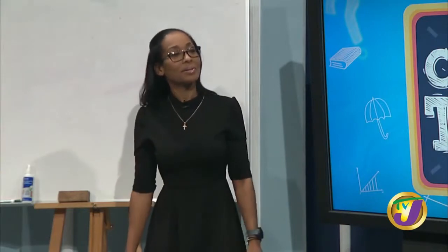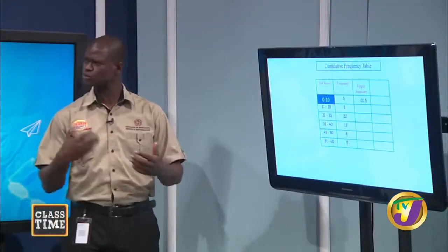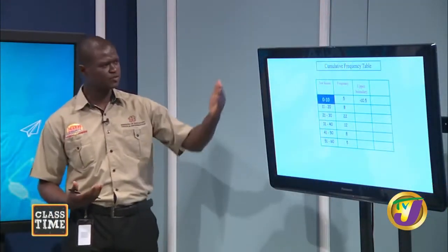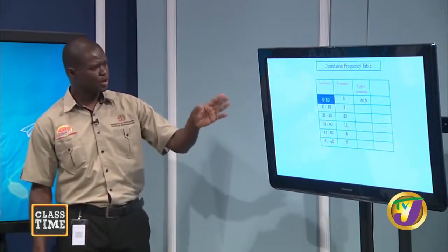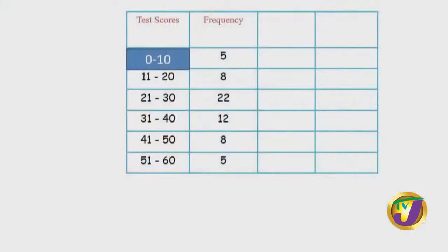We have to account for those students, and this is where the upper boundary comes in handy. For the first class, your upper boundary would be less than 10.5. So all students who get a score of less than 10.5 would be accounted for there.